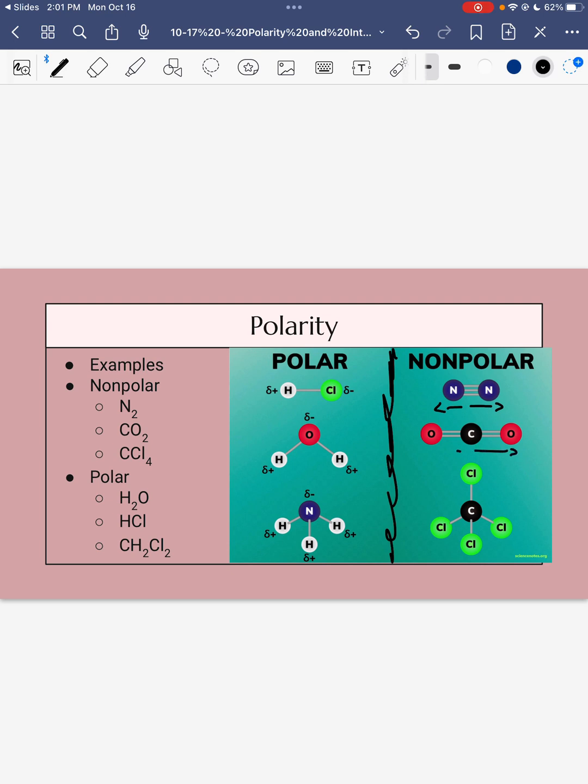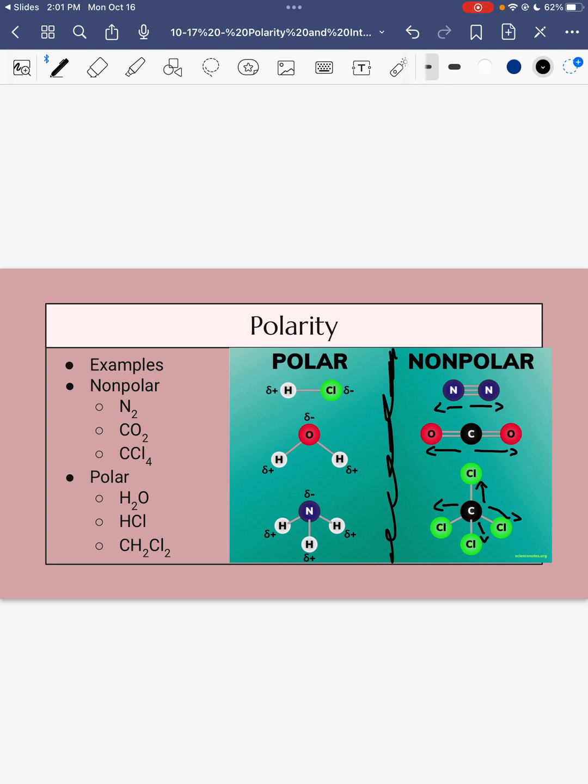Oxygen pulls that way, oxygen pulls that way, away from the central atom, so there's equal sharing on both sides. With CCl4, you have one pulling up, one pulling right, one pulling down, and one pulling left. So we have equal sharing of those electrons on all sides. They're all pulling in the same way, and ultimately everybody is sharing electrons equally.